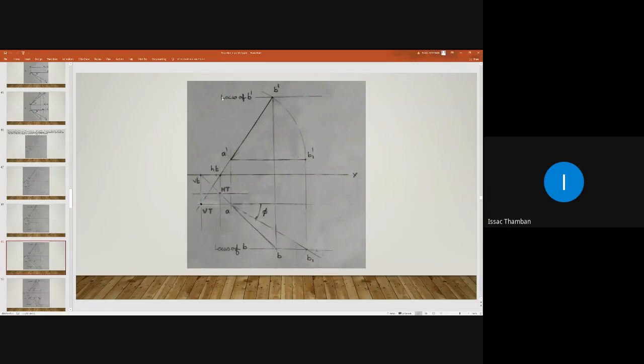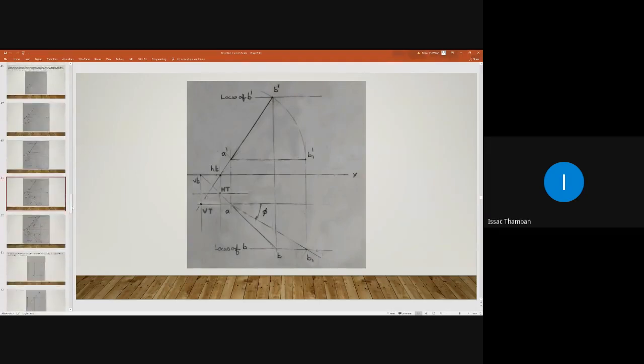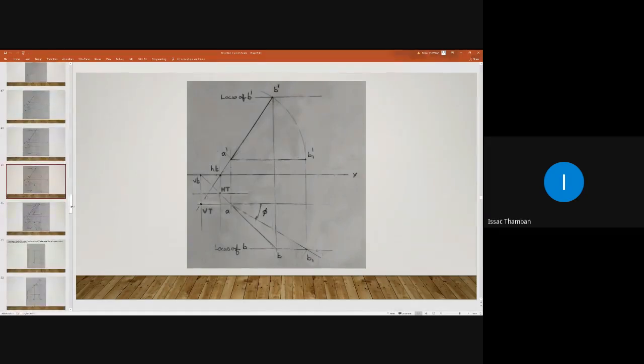This line is our locus of B dash line. Have you finished this? Can I proceed?